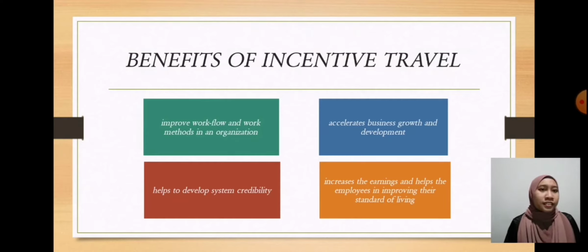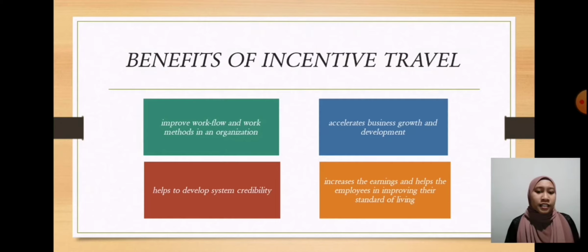It is also considered beneficial as it accelerates business growth and development. When underachievers see that top performers are receiving incentives, it encourages them to improve their efficiency and productivity levels so that they can also become eligible for the incentive.